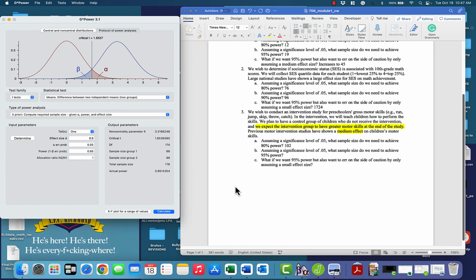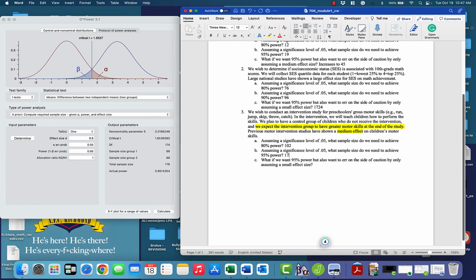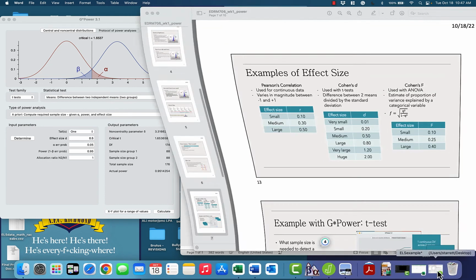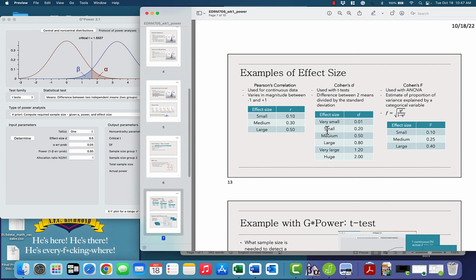Now, if we want to increase that power to 95%, that sample size we know at this point is going to go up, and it increases to 176 children, where now we need 88 children in each group. All right, and if we want to keep that 95% power, but err on the side of caution by assuming a small effect size, and again, small effect size takes us down to 0.2 for Cohen's d.